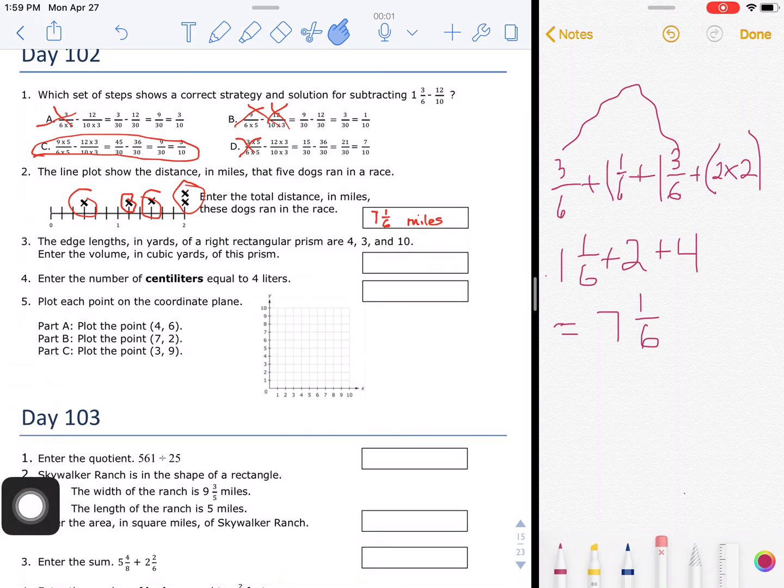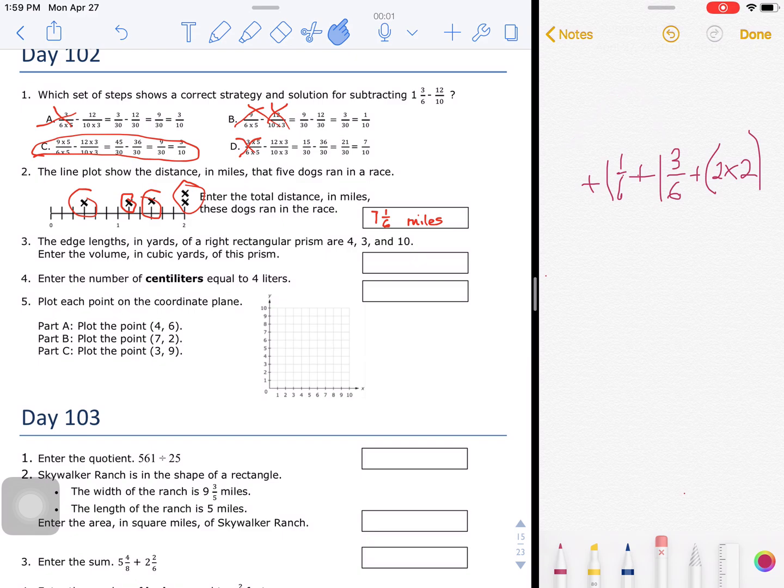Okay, so problem number 3. The edge lengths in yards of a right rectangular prism are 4, 3, and 10. Enter the volume in cubic yards of this prism.